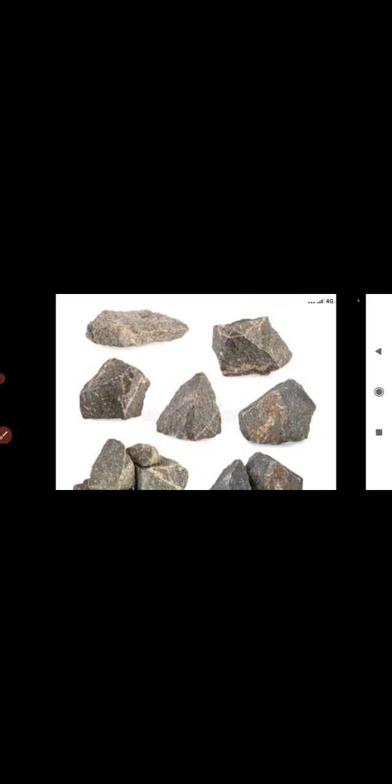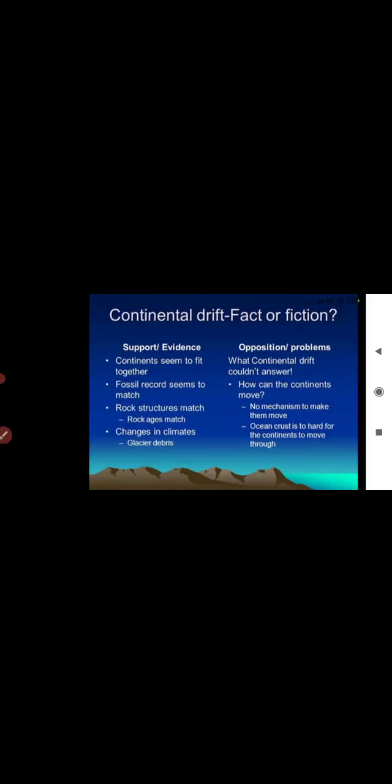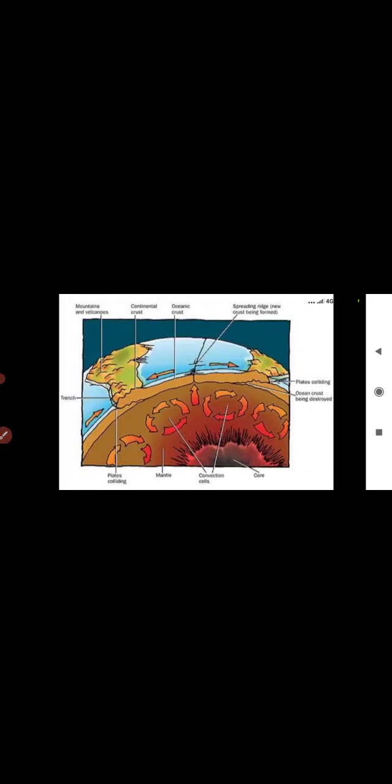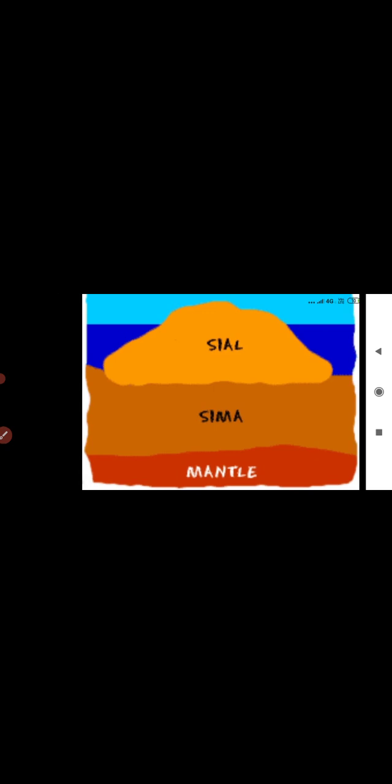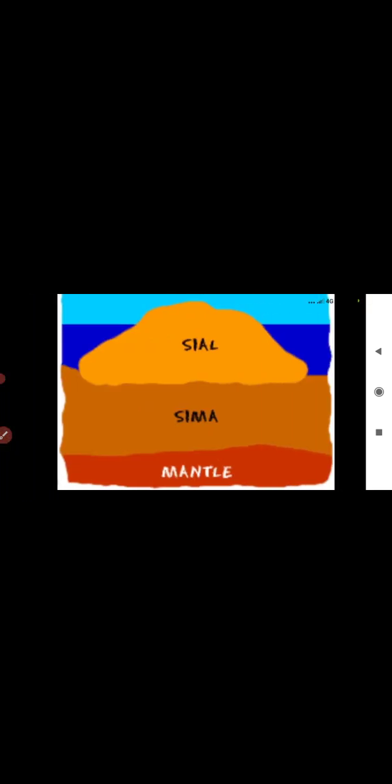So he gave an idea about Sial and Sima. Yes, we saw Sial and Sima rocks. So what did he say in this? Let us see. As we know, Sial are the continental rocks, and Sima are the oceanic rocks.